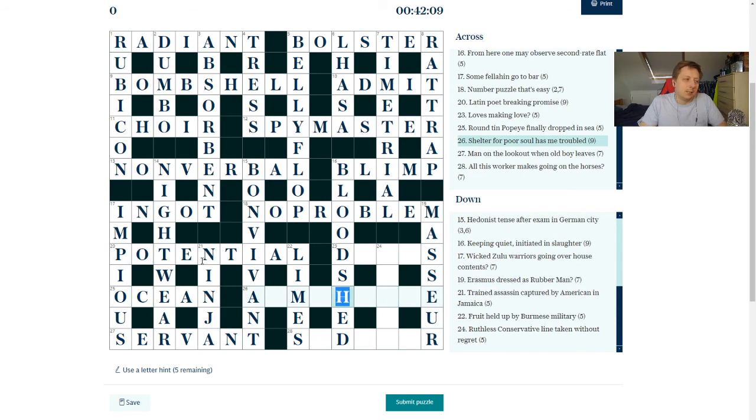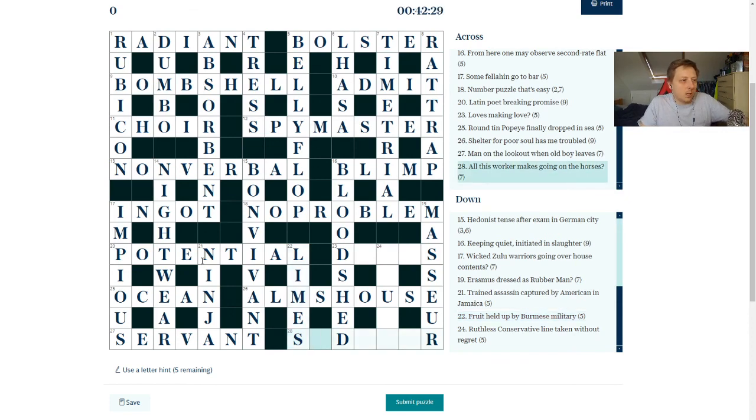26 across, 3 minutes. Shelter for poor soul has me troubled. Almshouse. That is an anagram of soul has me. 28 across.